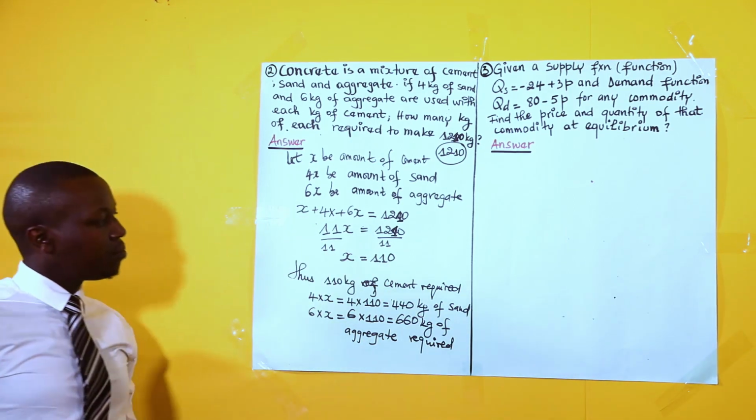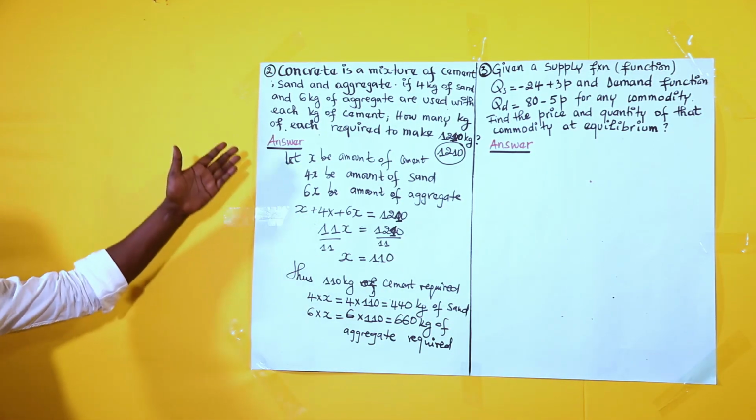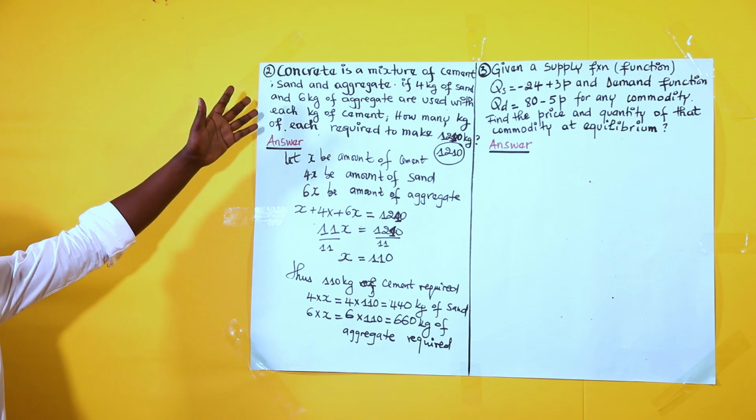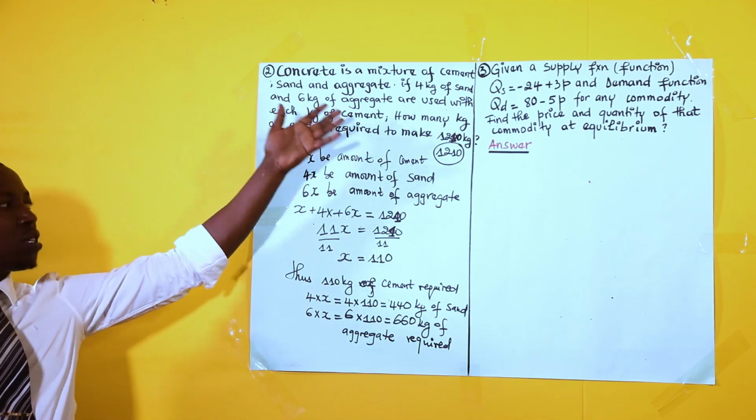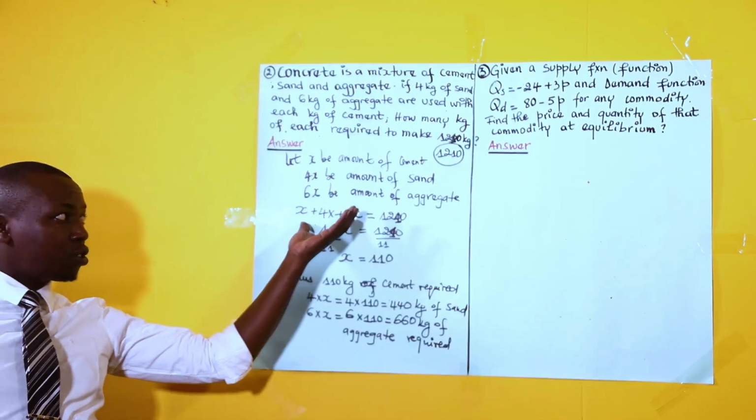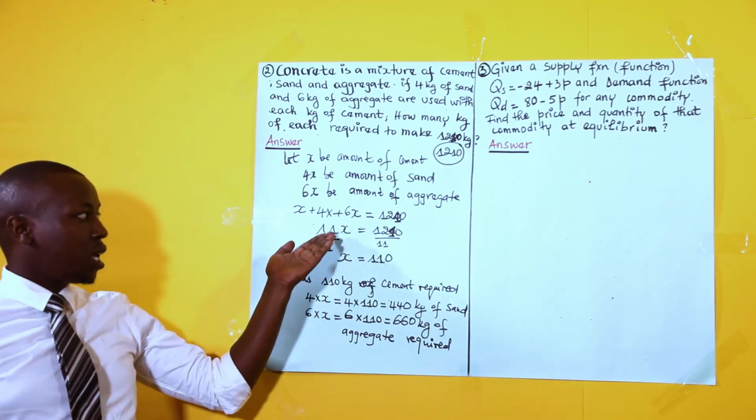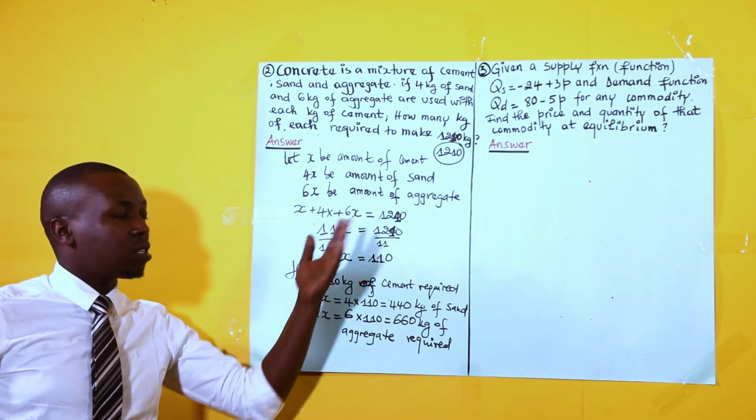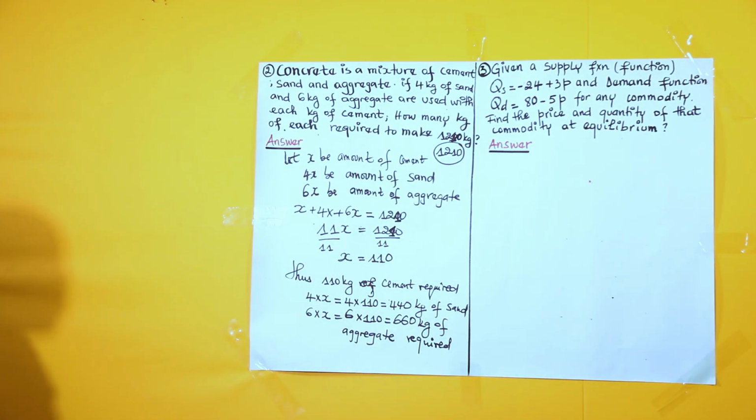So this is the way you can solve such an equation. Here we have applications of linear equations, because 11x equals this one. We solve this as a linear equation, isn't it?